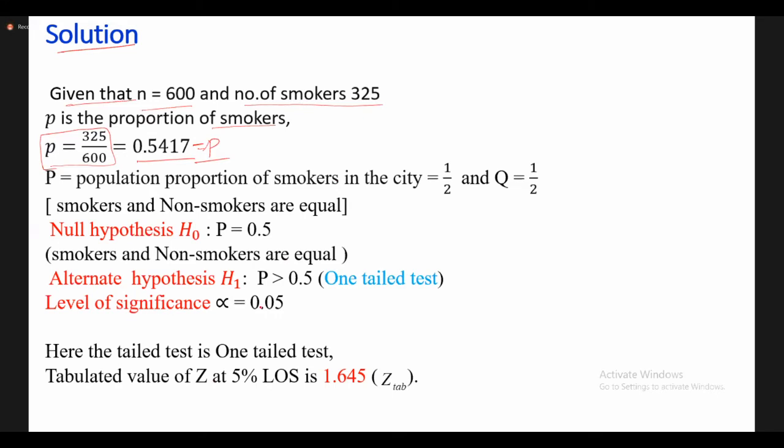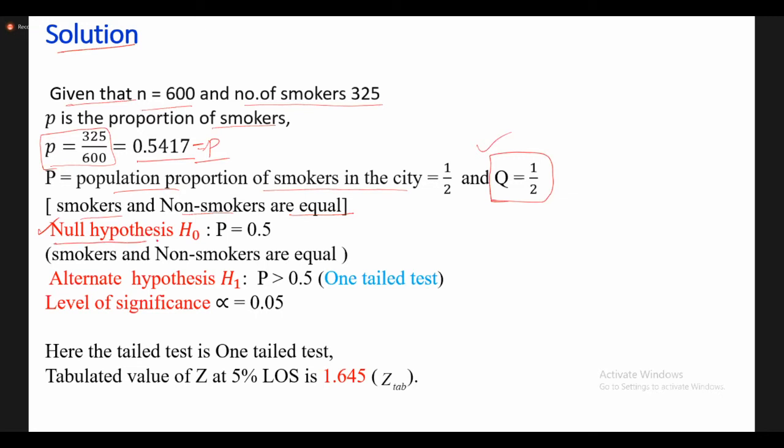Just now I explained how to take that value. In the question, sometimes they won't give it. In such a case, the population proportion of smokers in the city is 1 by 2, since smokers and non-smokers are equal. That's why we have taken capital P equal to 1 by 2. If capital P is 1 by 2, we know how to find capital Q. Capital Q is also 1 by 2. After that, we'll set up the null hypothesis.